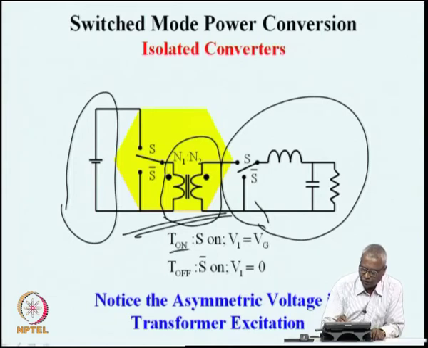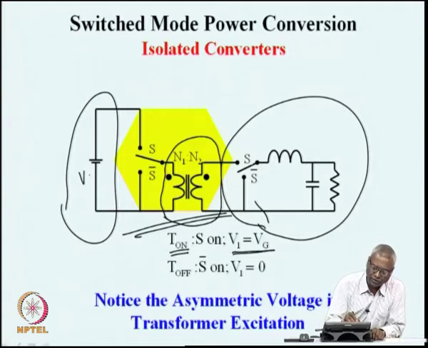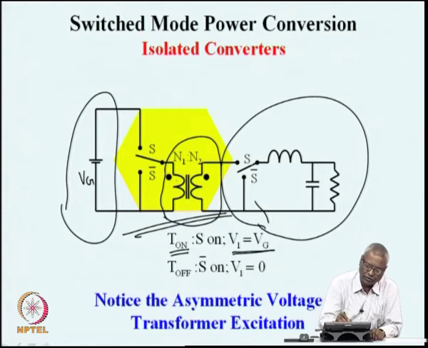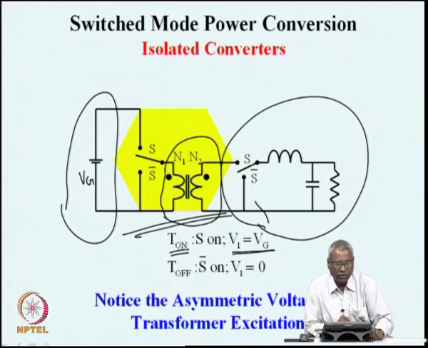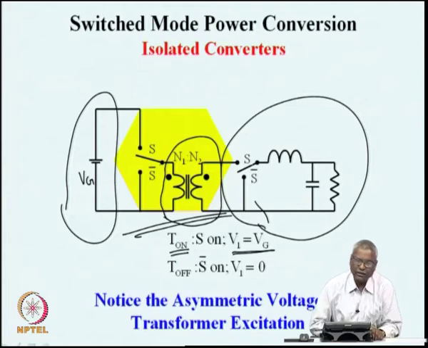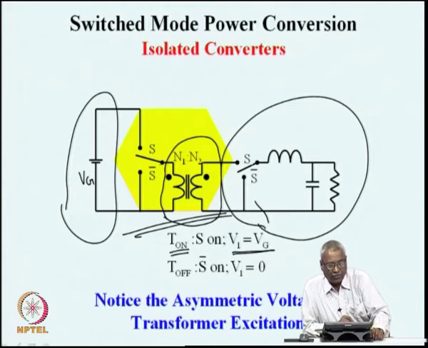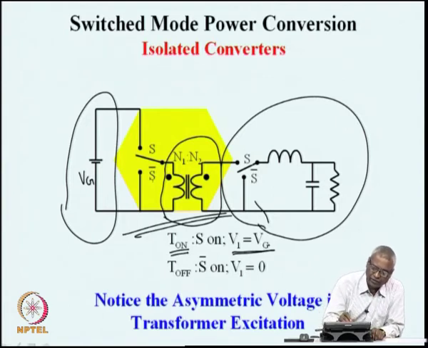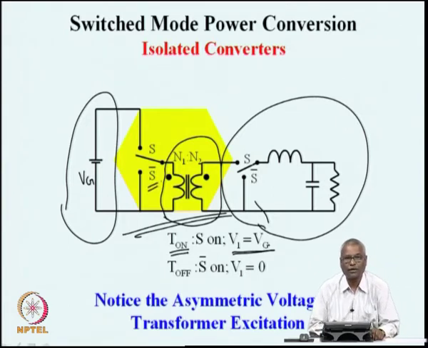Notice that during the on time, when the switch is on, the voltage across the transformer is Vg, same as the supply voltage. During the on time, the primary of the transformer, through this switch S, is being subjected to a voltage of Vg.